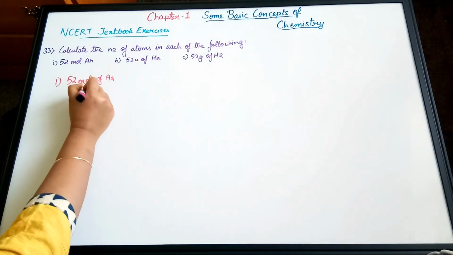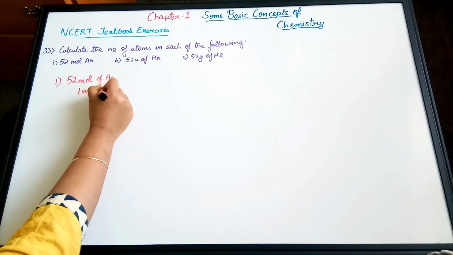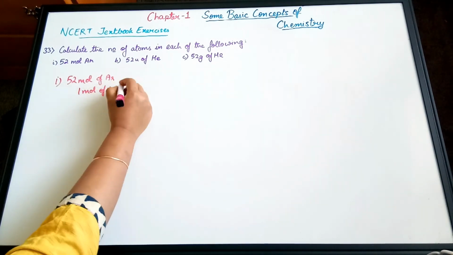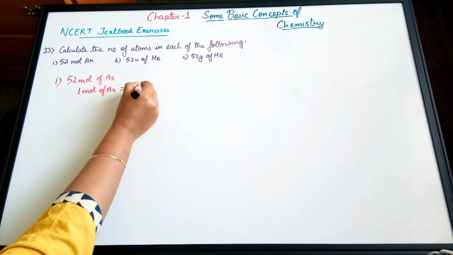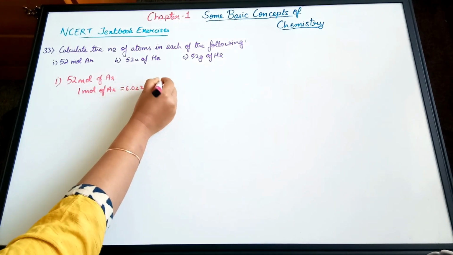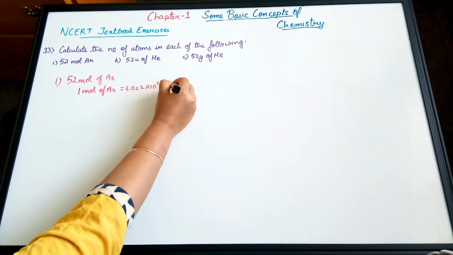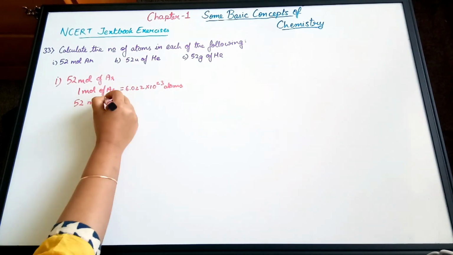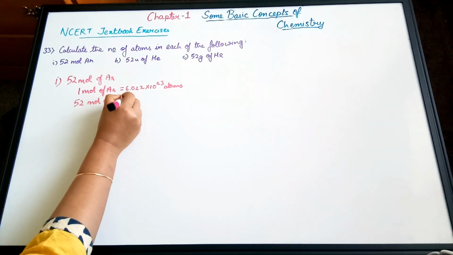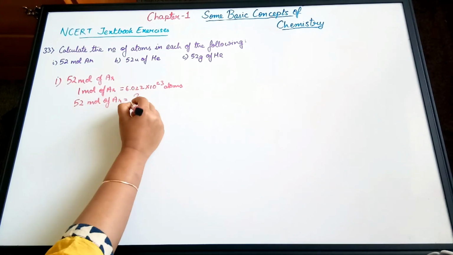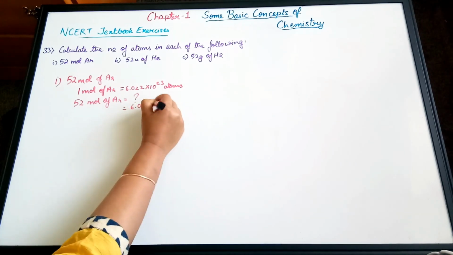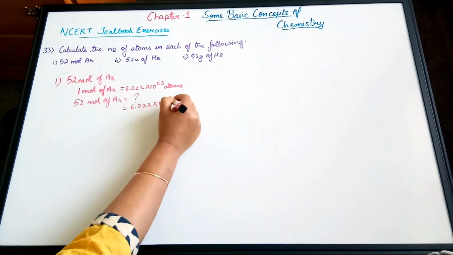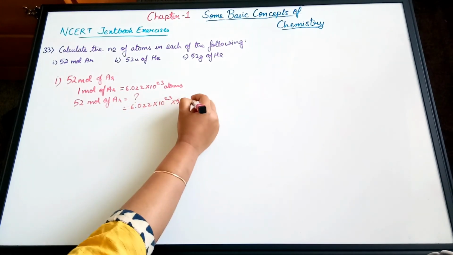So 1 mole of argon will have 6.022 into 10 to the power 23 atoms. So 52 moles of Ar will have how much? That is equal to 6.022 into 10 to the power 23 into 52 atoms.